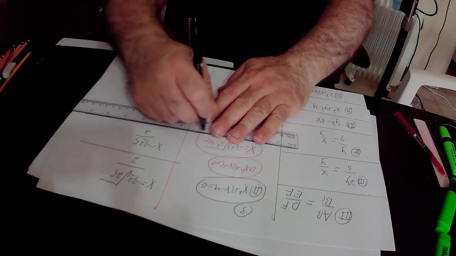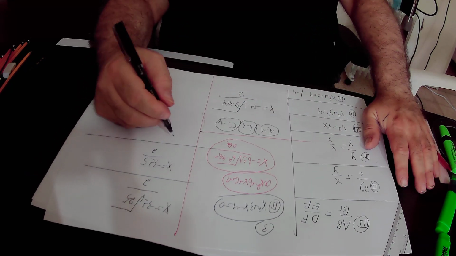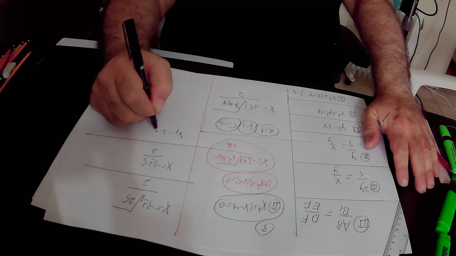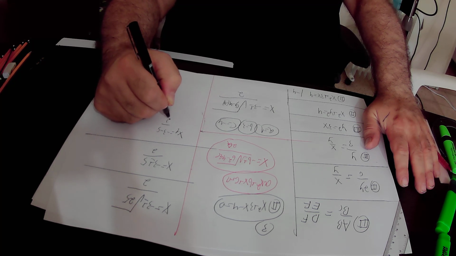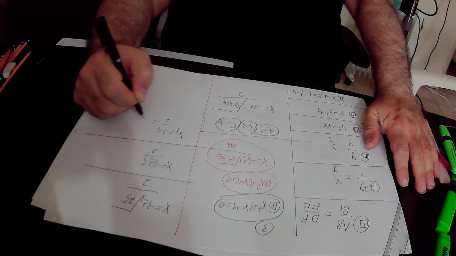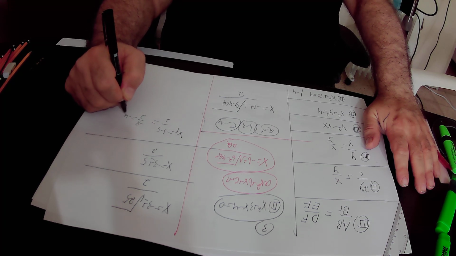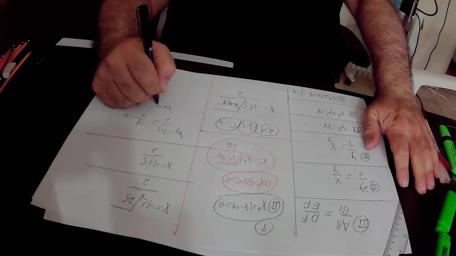Here we will have two possible solutions for x. The first solution, x1 equals minus 3 minus 5 over 2. Minus 3 minus 5 is minus 8. Minus 8 over 2 is minus 4. So x1 equals minus 4.